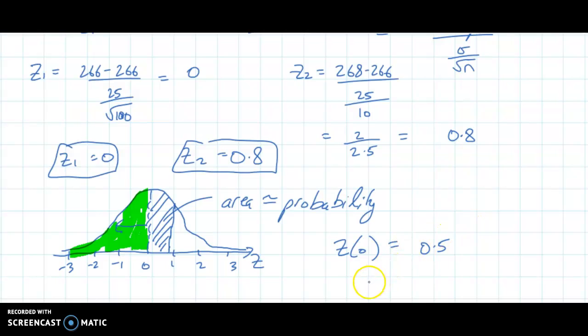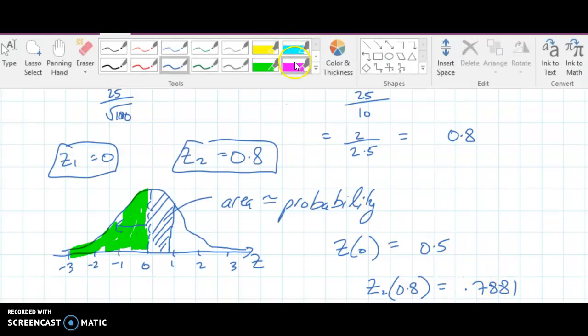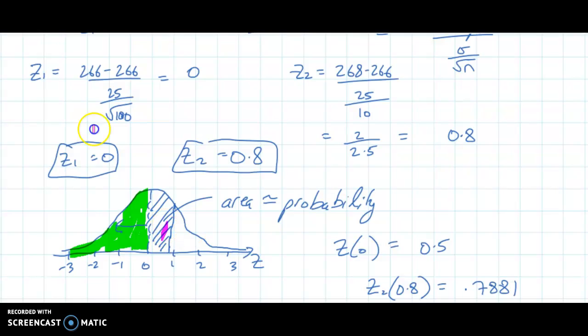Now we're going to look up the z-score for Z2, 0.8. When I look that up on the table, this is table B on the exam sheet, 0.8 returns 0.7881. Now to be careful here, I'm going to shade this in purple. This gives us this area here the whole way back along.